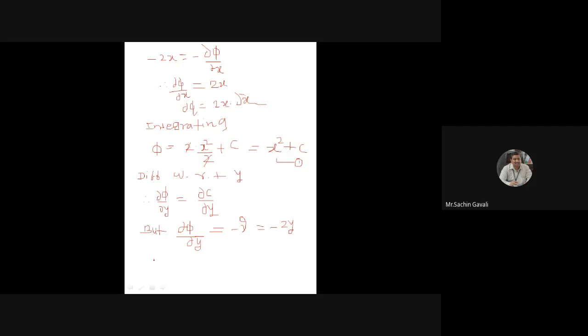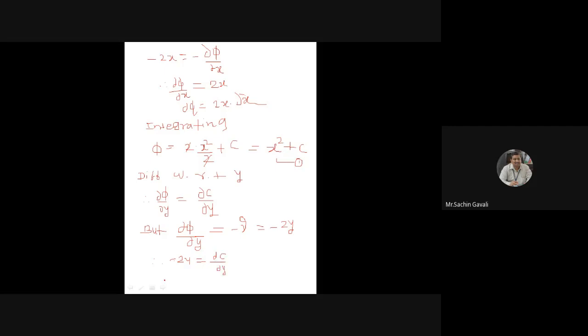Okay, and therefore minus 2y is equal to dou c by dou y.